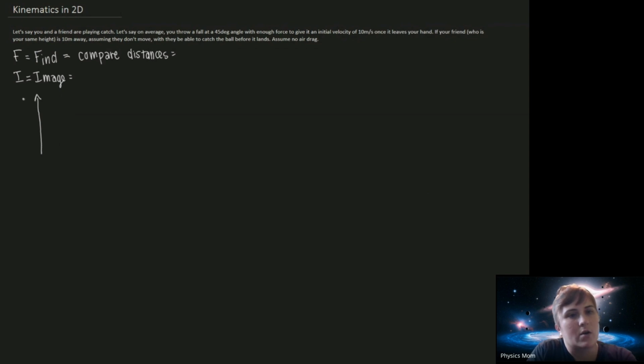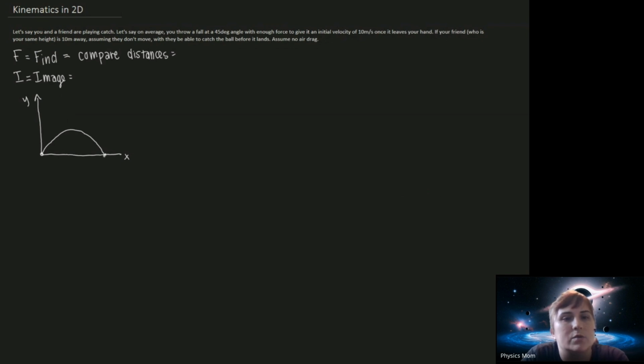So we've got our vertical and our horizontal, we'll say X. And I'm going to set our initial height at where me and my friend are when we throw and catch the ball. So we're going to set the ball as starting from the same height that it is caught at. That I'm going to denote as my Y0. So the ball starts here. I'm also going to denote my position as just the origin, 0, 0, in terms of the horizontal and the vertical. So it's going to start here and it's going to come here.